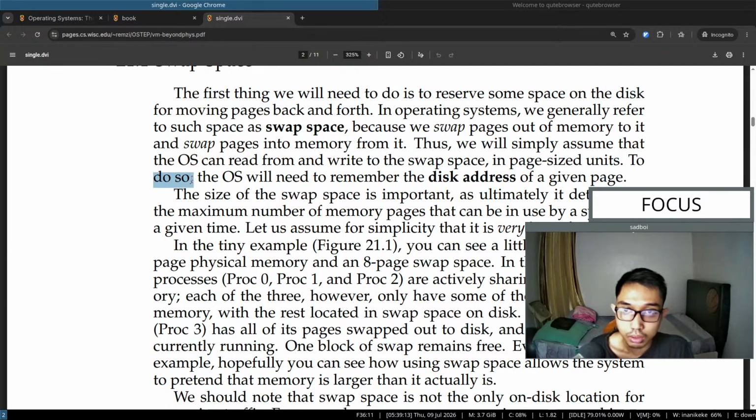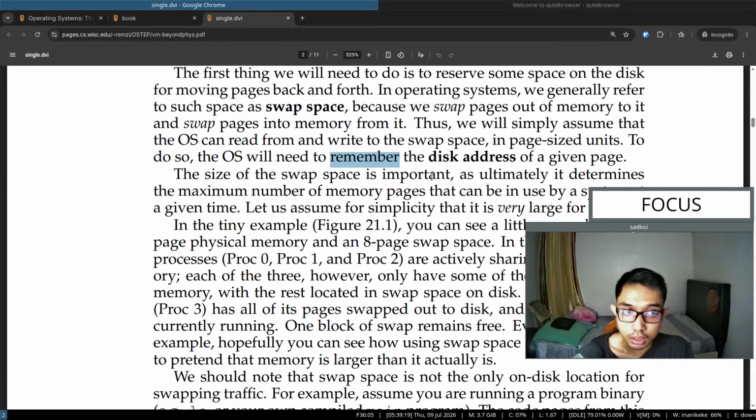To do so, the operating system will need to remember the disk address of a given page. The disk address of a given page.